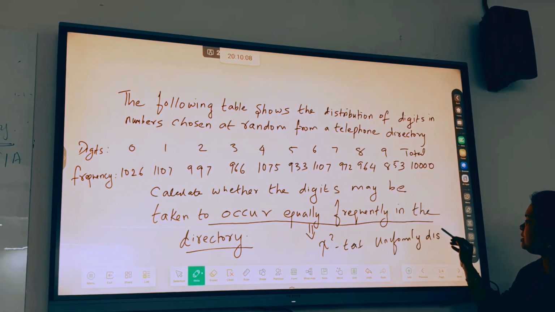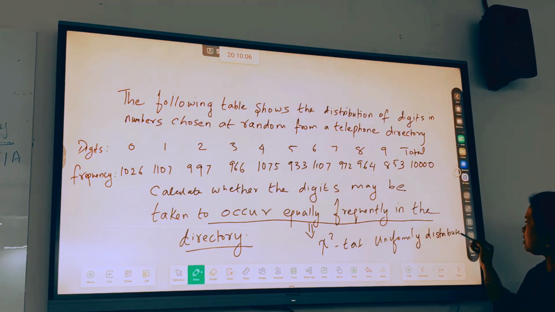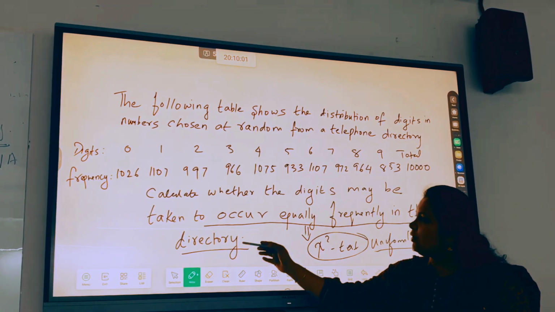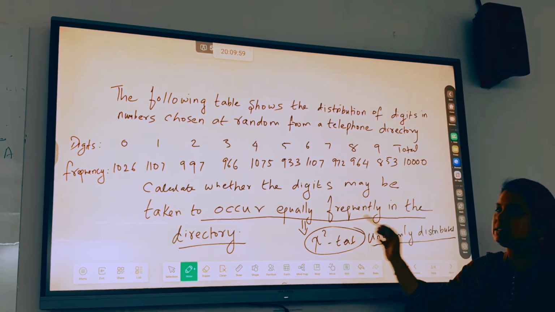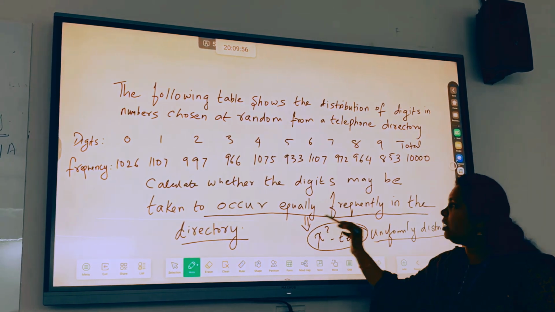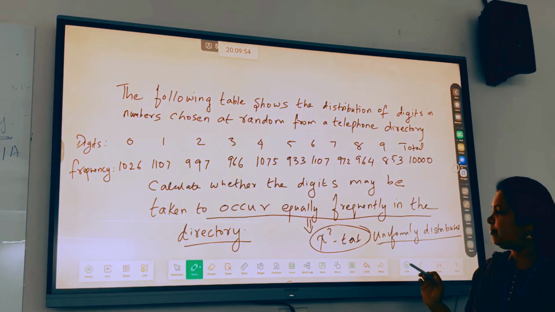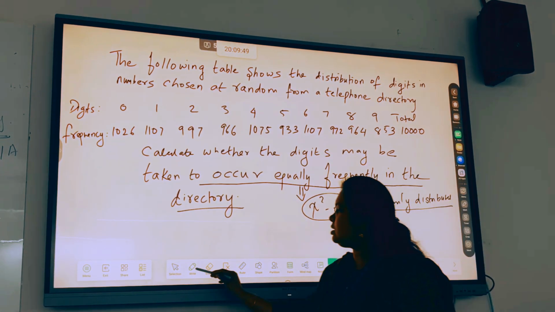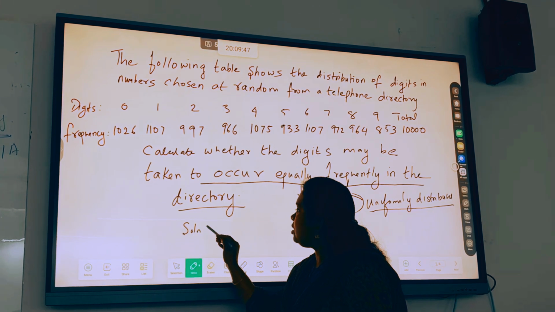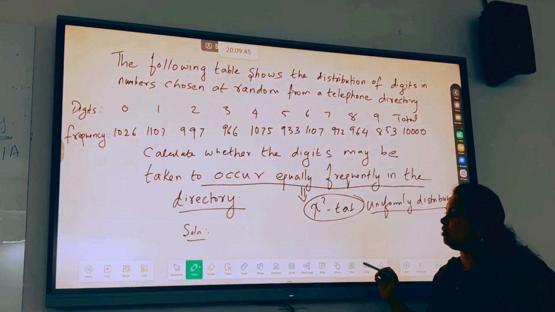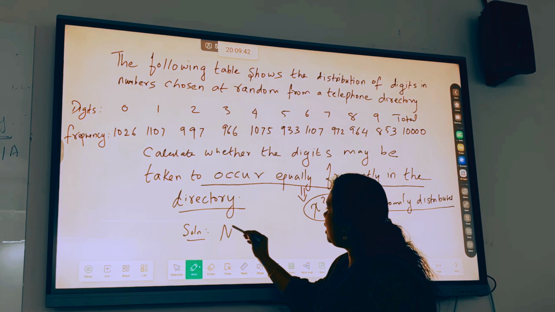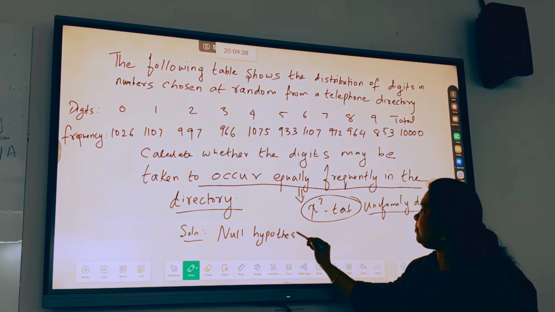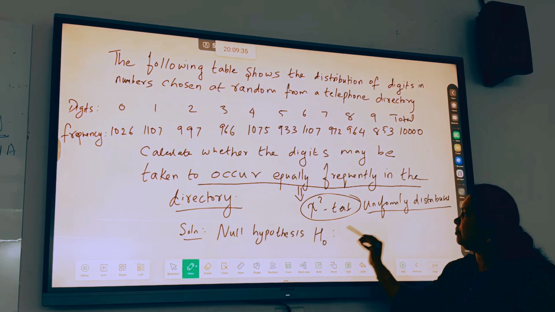So these are the basic logic to find the chi-square test. Even though it is not given to calculate the chi-square test, this is basic knowledge to learn how the chi-square test can be applied. Based on this, how will we do the solution? The first step is always to take the null hypothesis, H0.